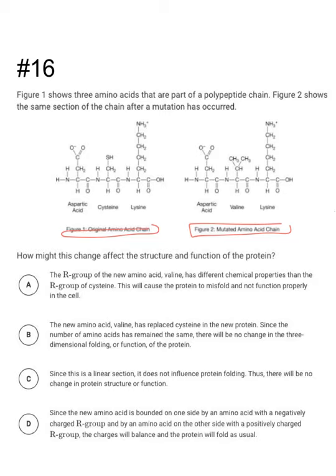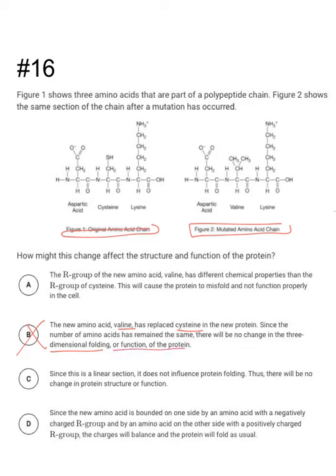This is the sequence of amino acids. However, when we change an amino acid in the primary structure, how does this affect the secondary, tertiary, or potentially quaternary structures? I'm going to start with B. It is not B. True, valine has replaced cysteine, but B says that there will be no change in the 3D folding or function of the protein.